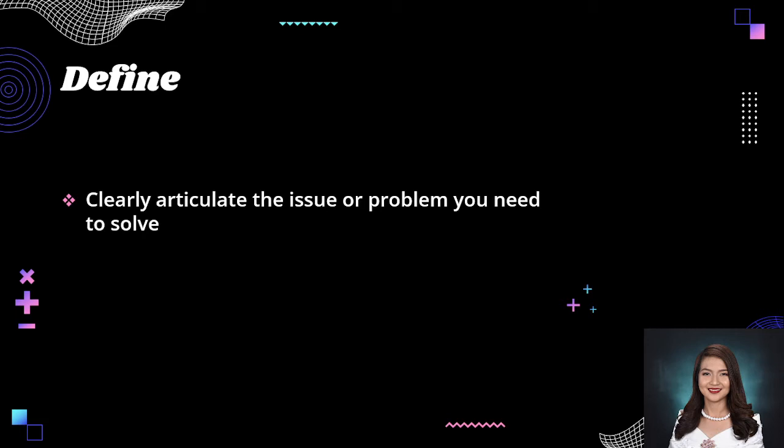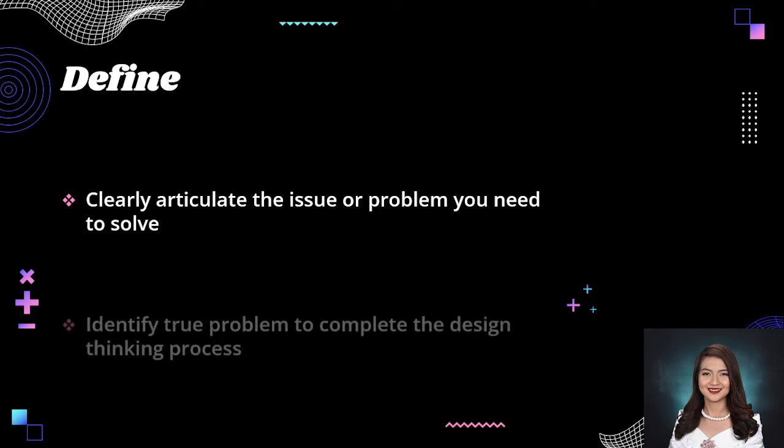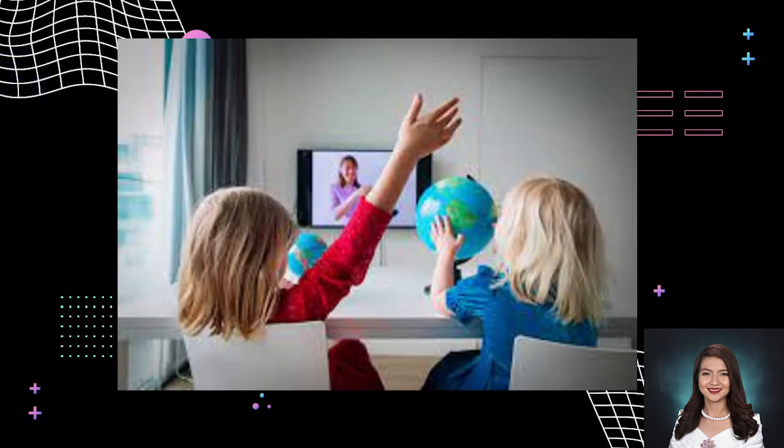Their audience can be students, teachers, family members, or just anyone in the community. Then the students will use the information they gathered from the empathize stage and focus on one aspect of the problem. It is important that the students be able to identify a true problem because it is impossible to successfully complete the design thinking process without a meaningful problem to solve.